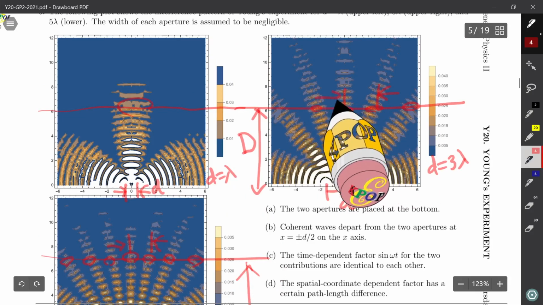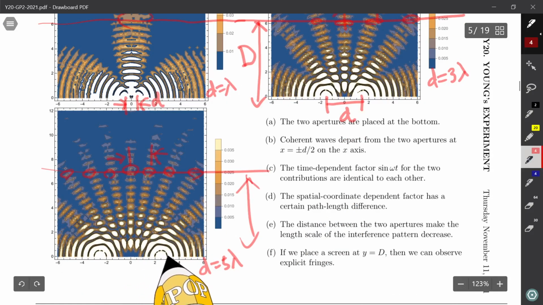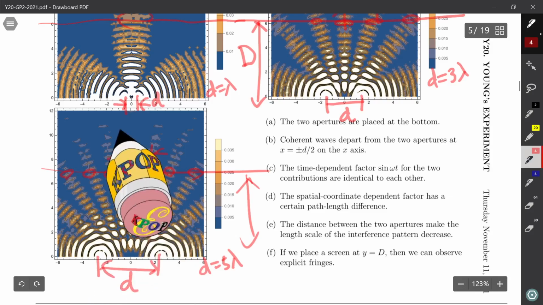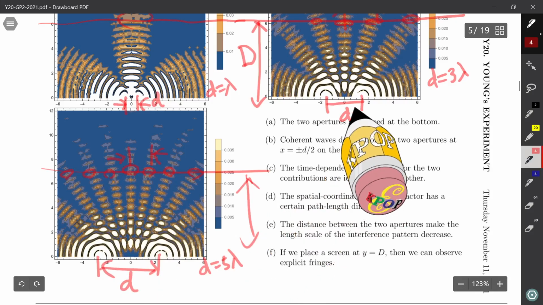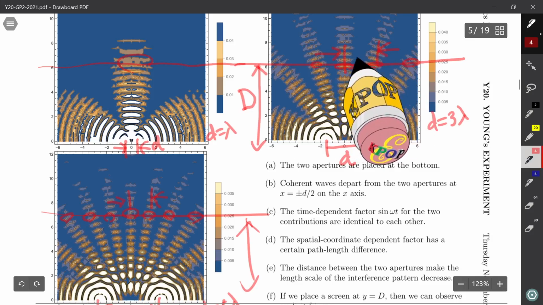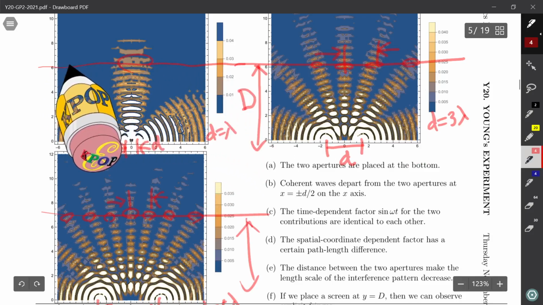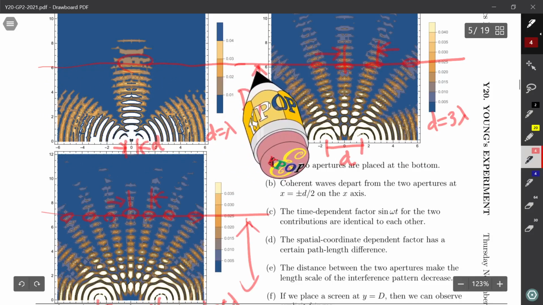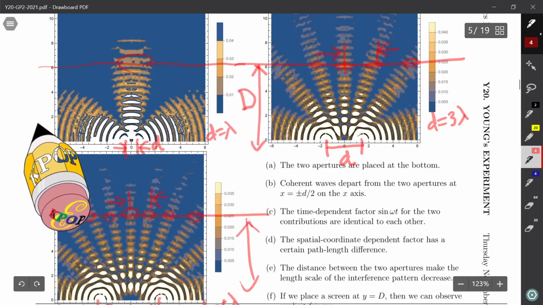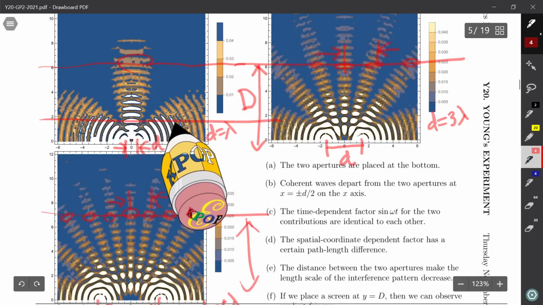This amount increases as d decreases. As this d decreases, the gap between two adjacent bright points increases. Here, one cannot observe the next bright point, but if we decrease the capture D, we will find it: bright, dark, and so on. All right.